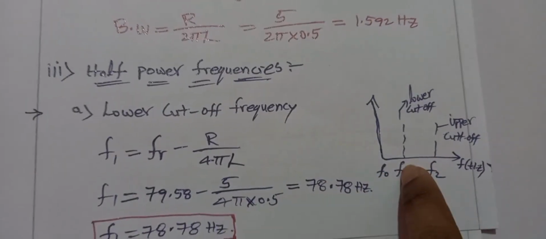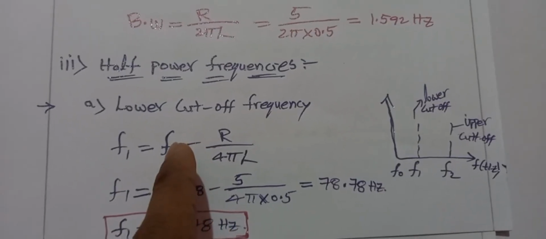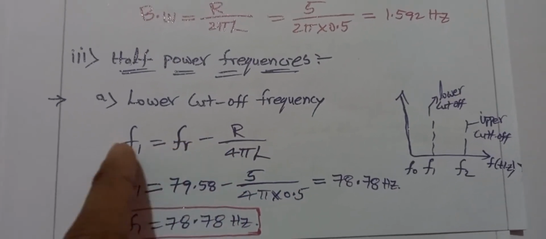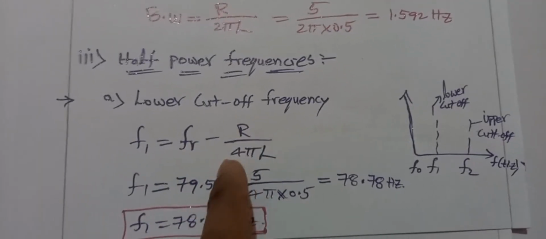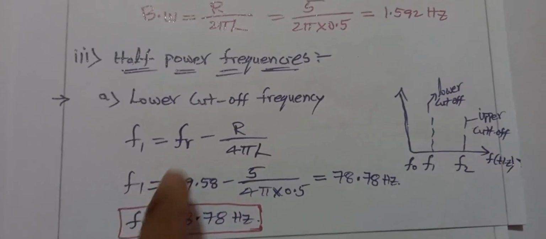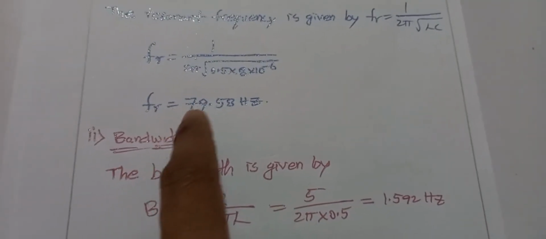For the lower cutoff frequency we need to subtract R by 4 pi L from resonant frequency. F1 equal to FR minus R by 4 pi L. So here F1 equal to FR, already we have calculated, that value is 79.58.